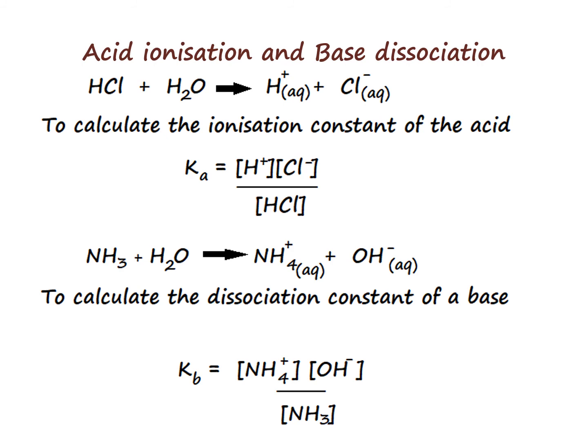So it will be the concentration of NH4 positive multiplied by the concentration of OH negative over the concentration of NH3. Again, we leave out the concentration of H2O because water is neutral.